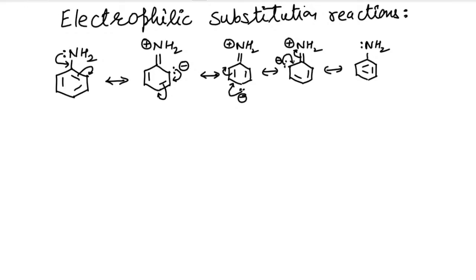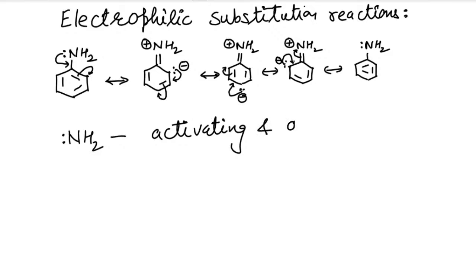And that's why electron density on the ring increases, particularly at the ortho and para positions. So the NH2 group is activating because it increases electron density on the ring, and electron density is increased particularly at the ortho and para positions.